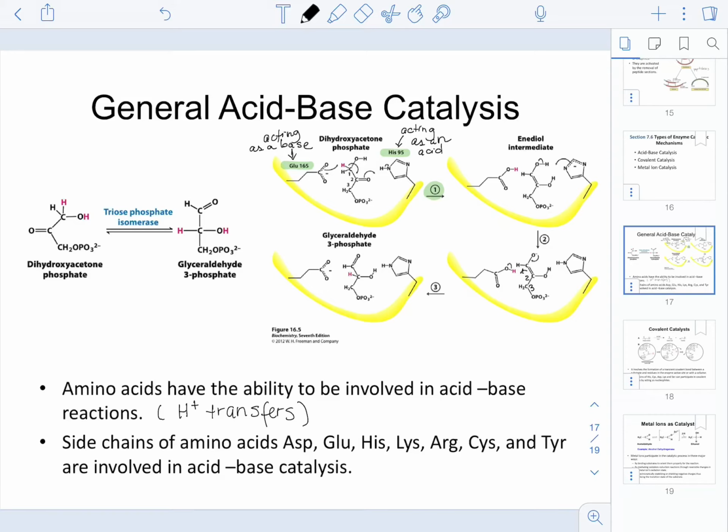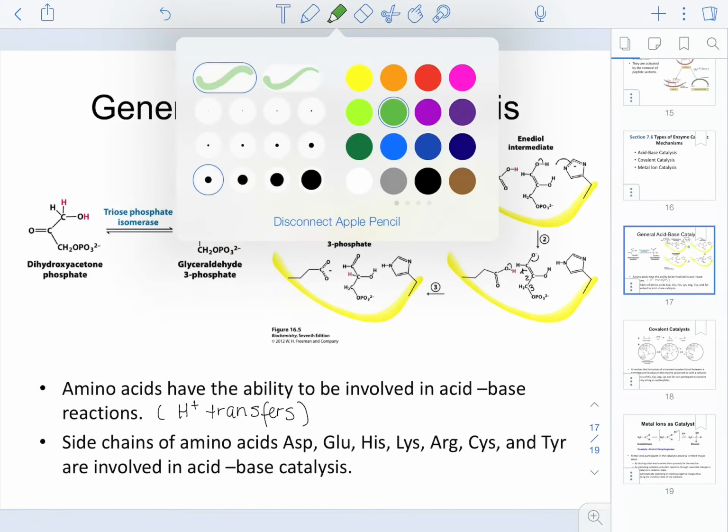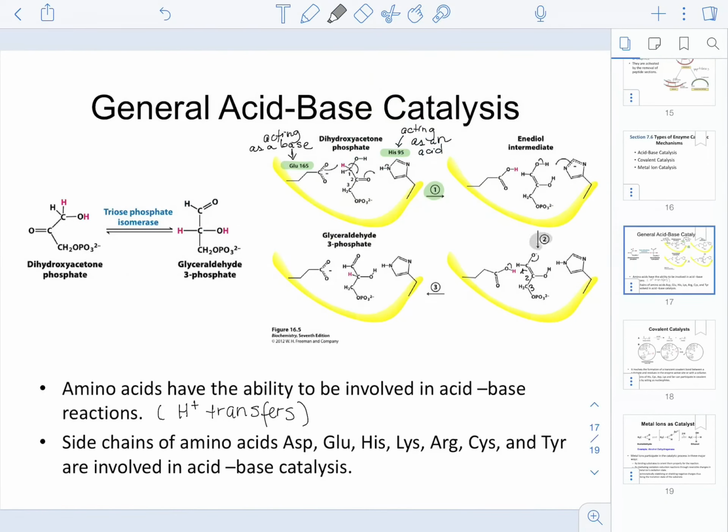These proton exchanges are going to lead to the formation of the ene-diol intermediate. On step 2, even though it's not labeled, I'm just going to relabel them. We have glutamic acid 165 on the left and histidine 95 on the right.